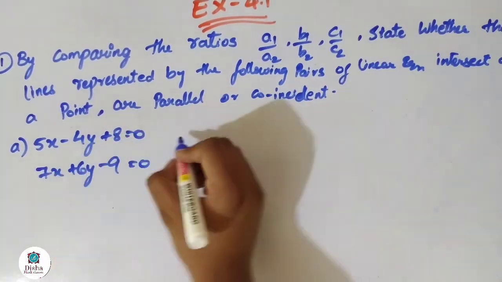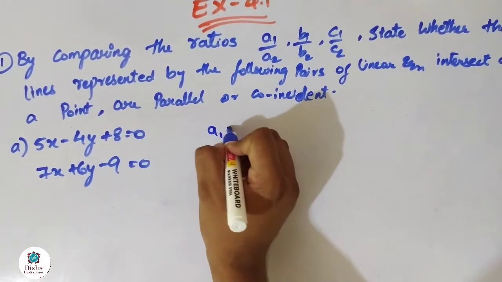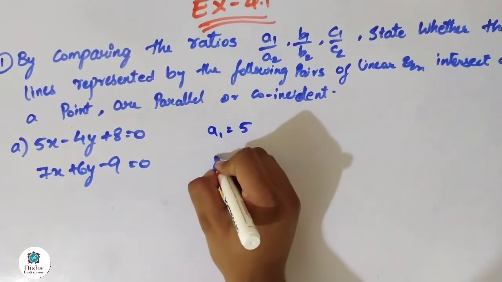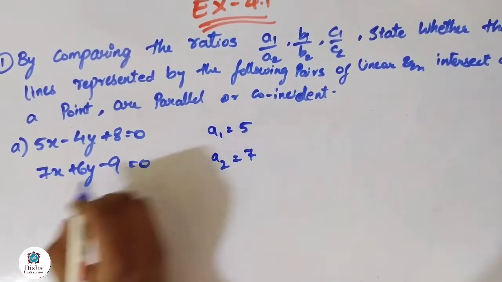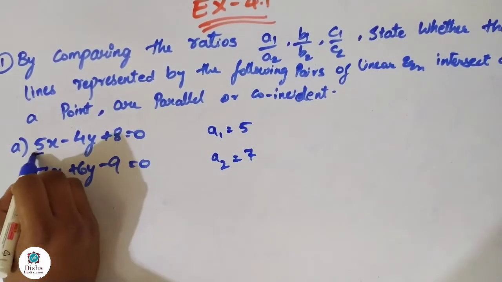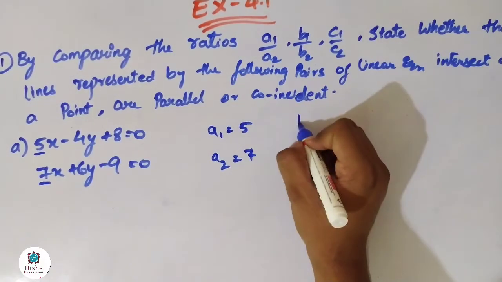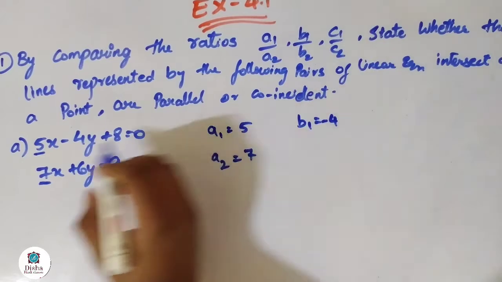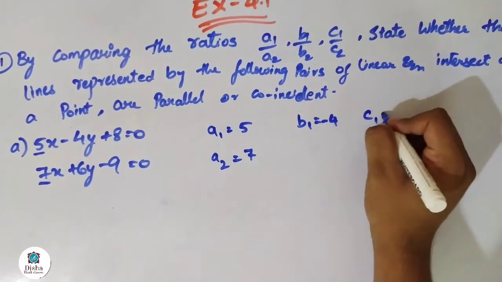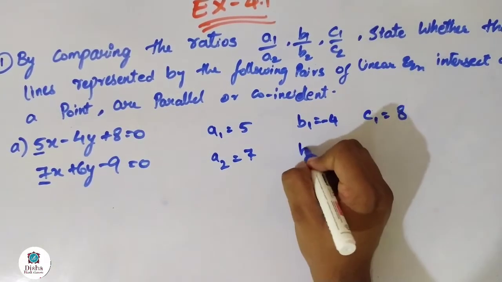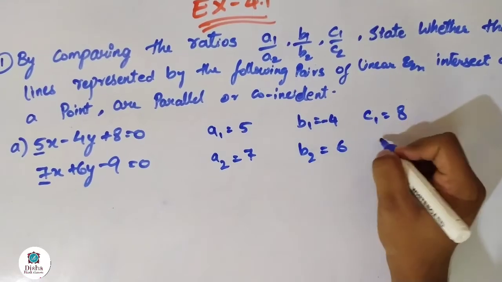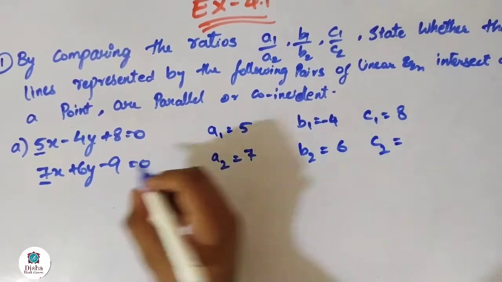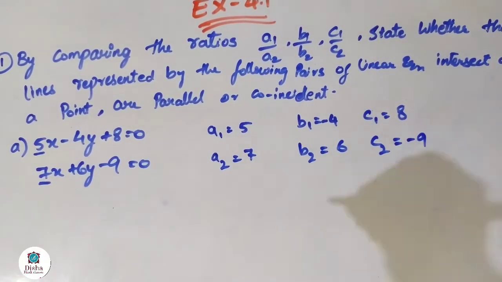So what is the value of a1 here? a1 equals 5, a2 equals 7. So b1 equals 4, minus 4, here we have a minus sign. So c1 equals 8, b2 equals 6, c2 equals minus 9.